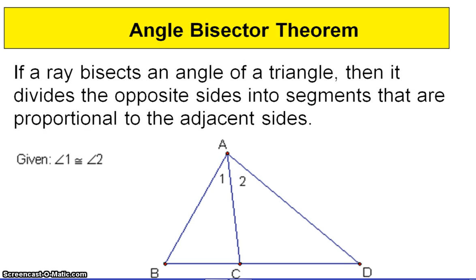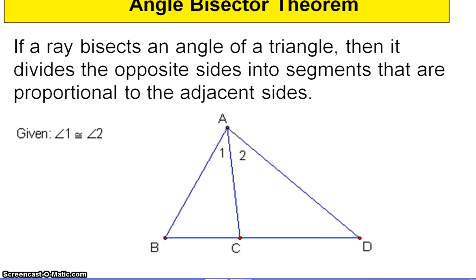The third theorem is the angle bisector theorem. So if a ray bisects an angle of a triangle, then it divides the opposite side into segments that are proportional to the adjacent sides. So this is the bisector.